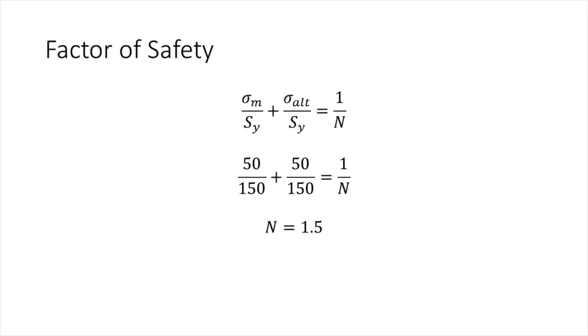Using the formula for the modified Goodman criteria, we can calculate the factor of safety. We simply plug in the values that we have calculated before into the equation, and the factor of safety turns out to be 1.5.